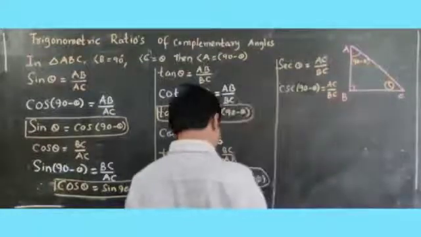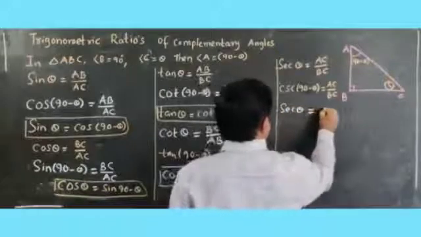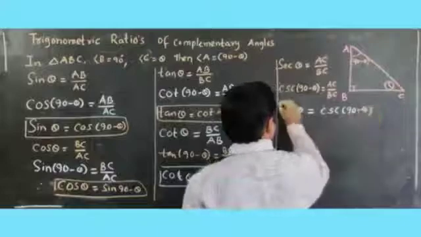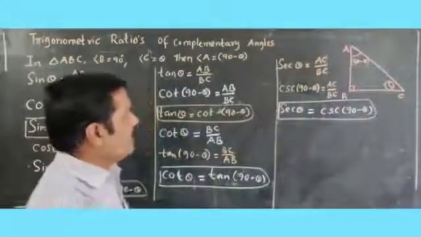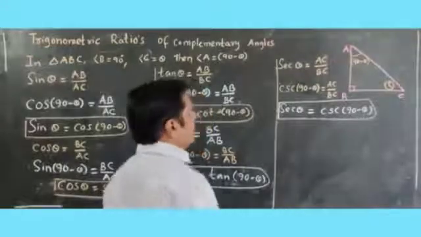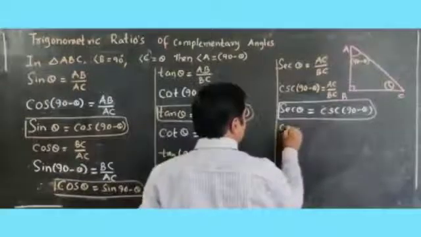So what happened? Sec theta is equal to cosec 90 minus theta, and cosec 90 minus theta is equal to sec theta.